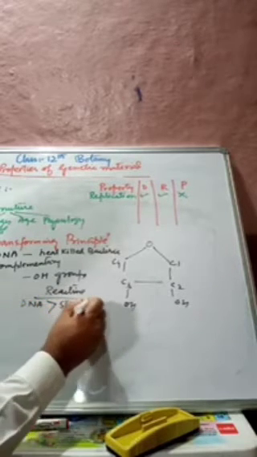Now this RNA is catalytic, and it is somewhat reactive also, but DNA is more suitable than RNA. DNA is said to be the better genetic material.